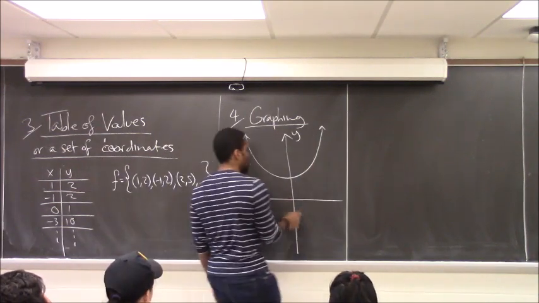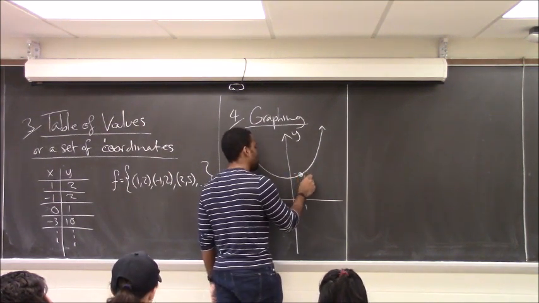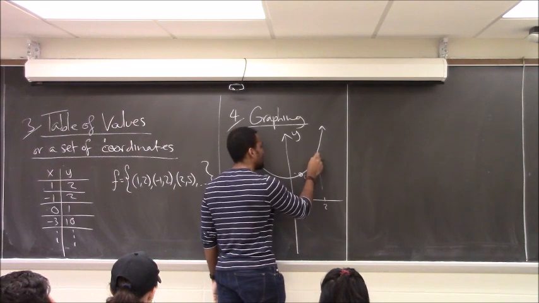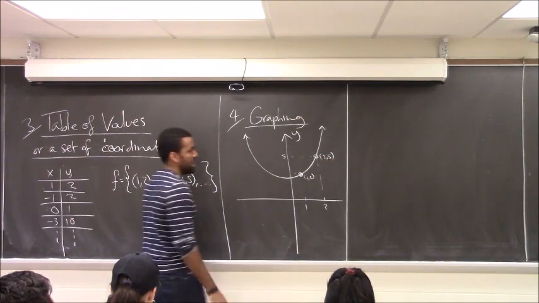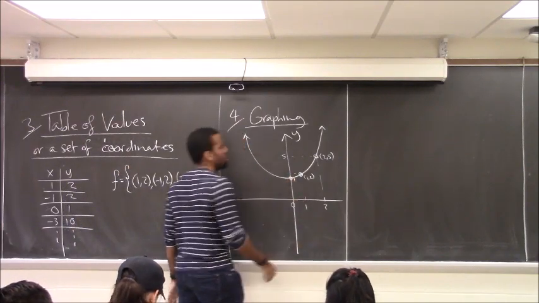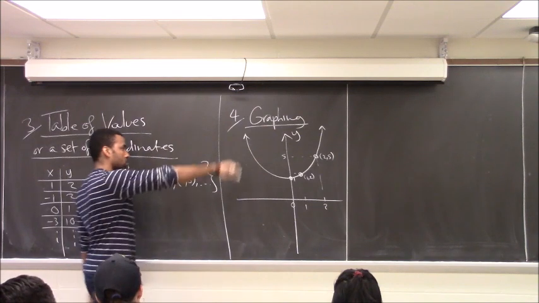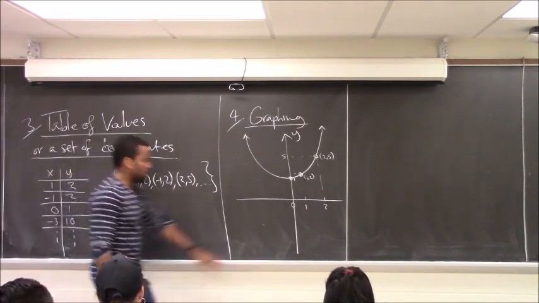I'll make all these connections. So the 1 would actually connect to the y value 2, and the 2 would actually connect to the value 5, and etc. Right? And I can actually plot all the possibilities here. 0 will actually be connected to 1, and etc. And then you can draw this picture, and that's you visualizing the function. You can actually draw a function.